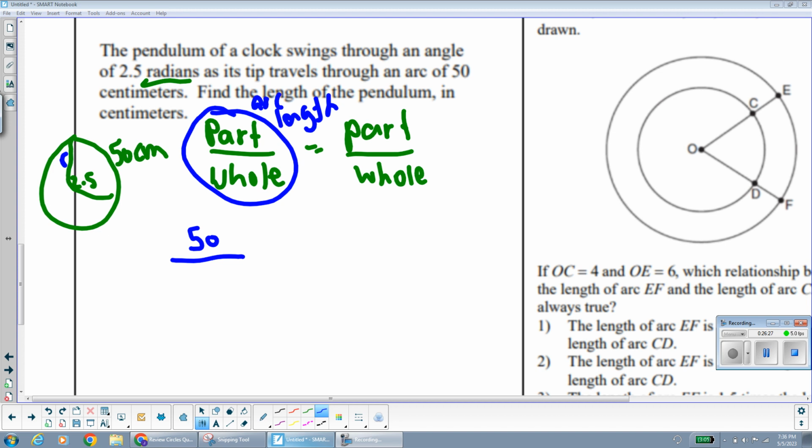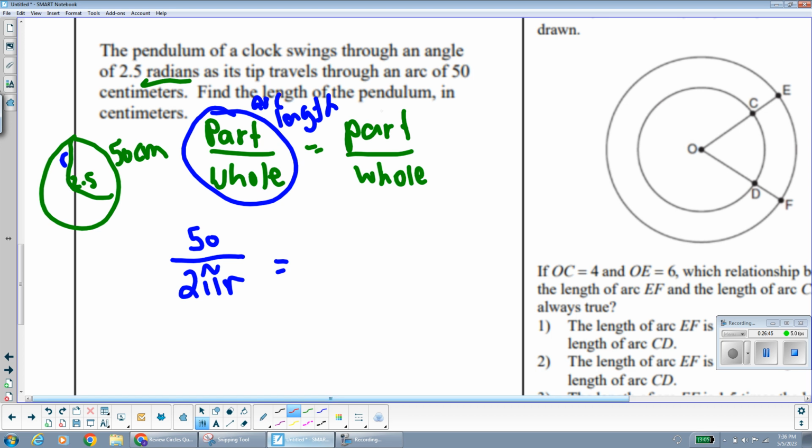And remember, circumference is 2 pi r. I don't know what r is yet. I need to solve for it. So I'm just going to leave 2 pi r over here because that's going to be the circumference of this entire circle.